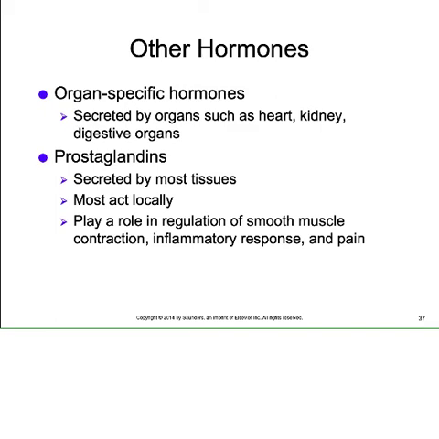Okay, this is why ACE inhibitors are used to control hypertension. And then we've also got erythropoietin, which is produced in response to falling blood oxygen levels, and the result is that the hematocrit goes up.